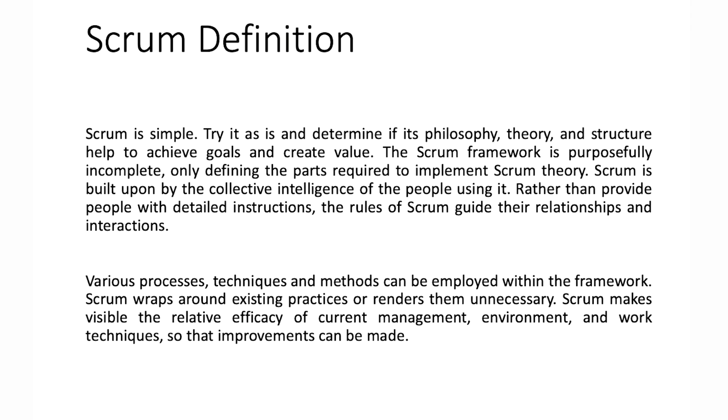Now let's take a look at Scrum in more detail. It is incomplete on purpose. It only defines the parts required to implement Scrum theory, and it is built upon the collective intelligence of the people using it. Rather than provide people with detailed instructions, Scrum just gives the relationships and interactions.